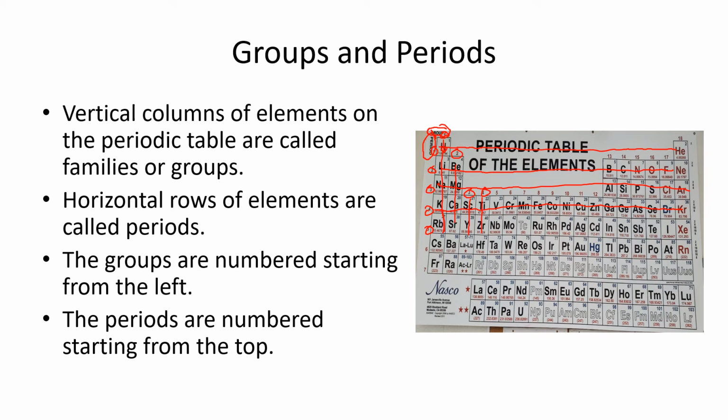So let's say I give you group 14 and then period 3. You could go to group 14 here and go to period 3, and the place where they meet, silicon. So that's what the groups and the periods are.